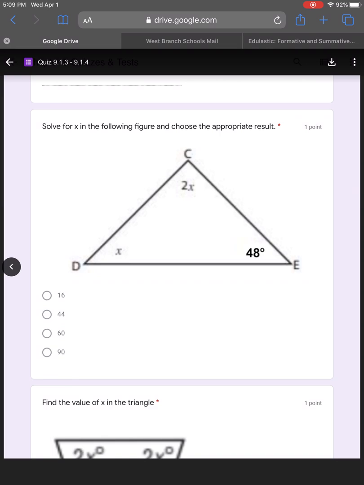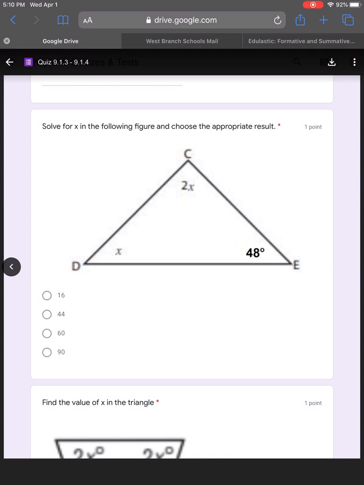All right, next question. Solve for x in the following figure and choose the appropriate result. So what we could do here is set up an equation. I think that would be the easiest, or you can plug in with the options that they give you if you know how to do that. If not, we can take these three angles.